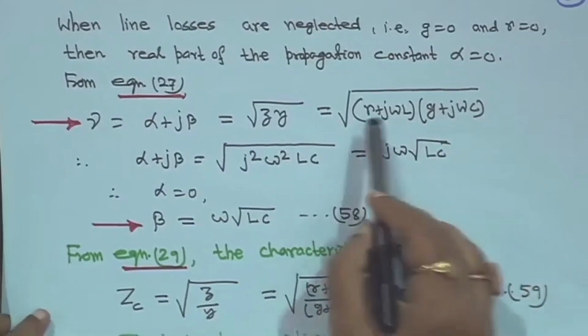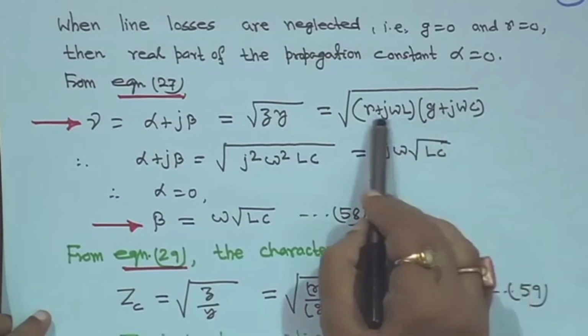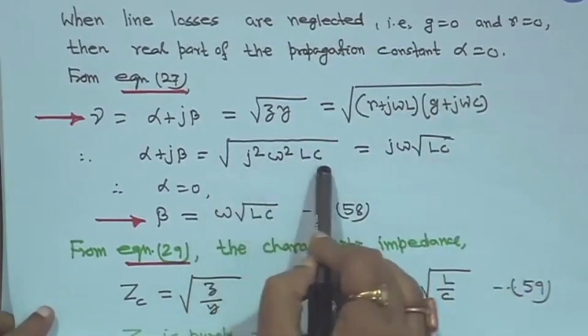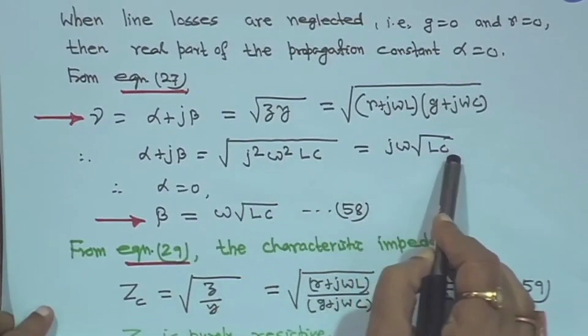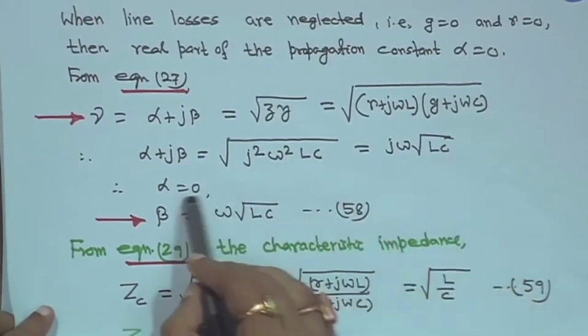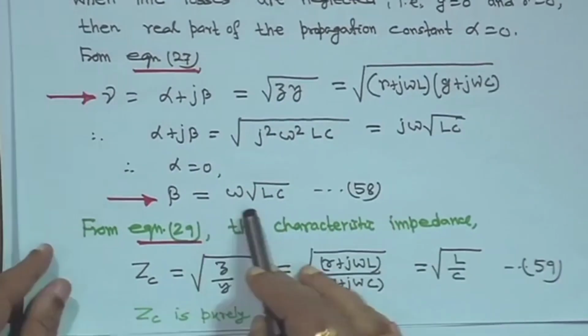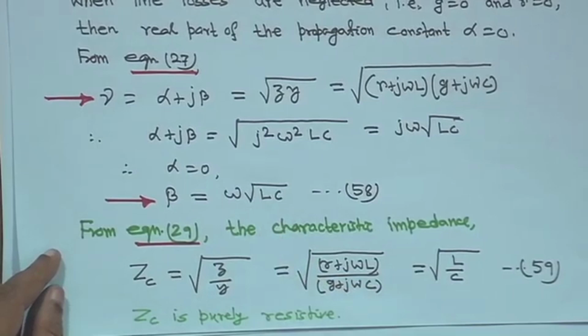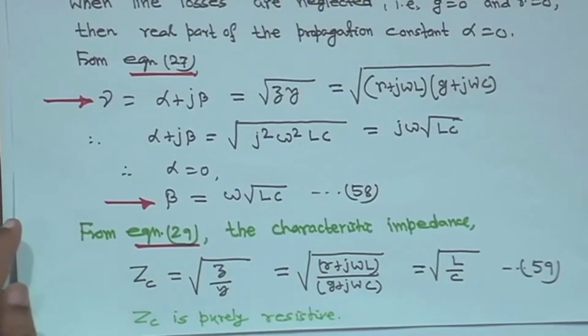As r is 0 and g is 0, you substitute and get square root of j square omega square L C, that is j omega root over L C. So there is no real part, that means alpha is equal to 0 and beta is equal to omega root over L C. This is happening when the line is lossless; we are assuming a lossless line.